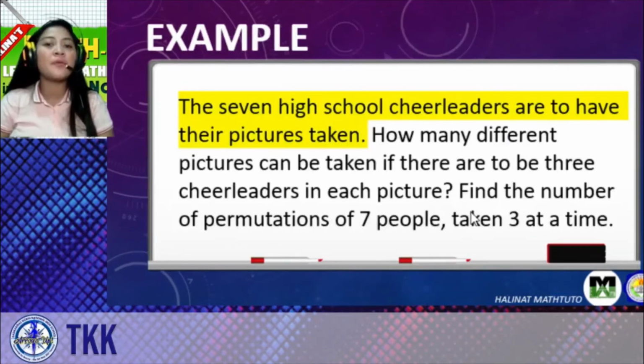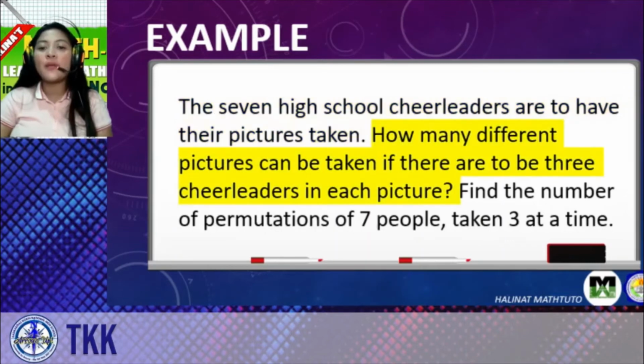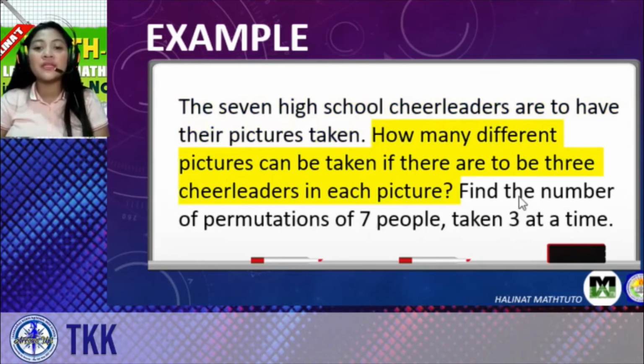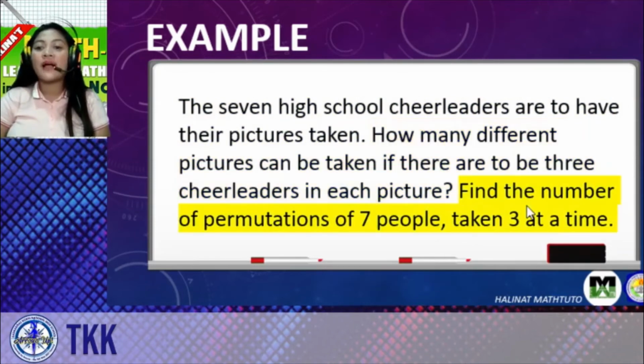Let's have an example. The 7 high school cheerleaders are to have their pictures taken. How many different pictures can be taken if there are to be 3 cheerleaders in each picture? Find the number of permutations of 7 people taken 3 at a time.